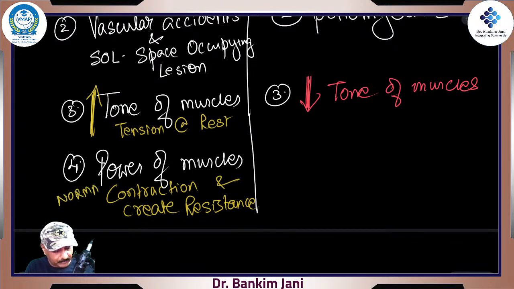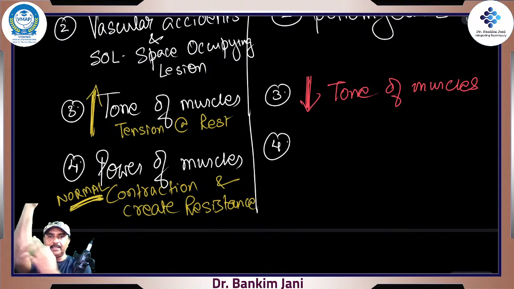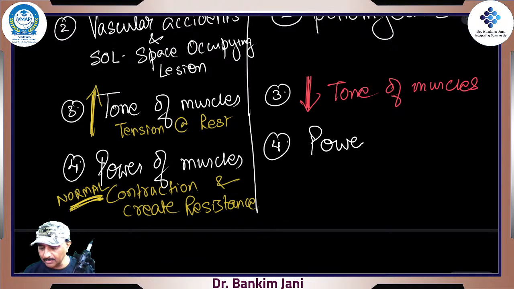At rest the muscle will be quite tight, that tone would be increased. But in lower motor it would be like jelly, it has lost its tone. What about the power? Power is lost. If you take the hand, it will fall, he won't be able to even generate contraction. The power of muscle is lost.